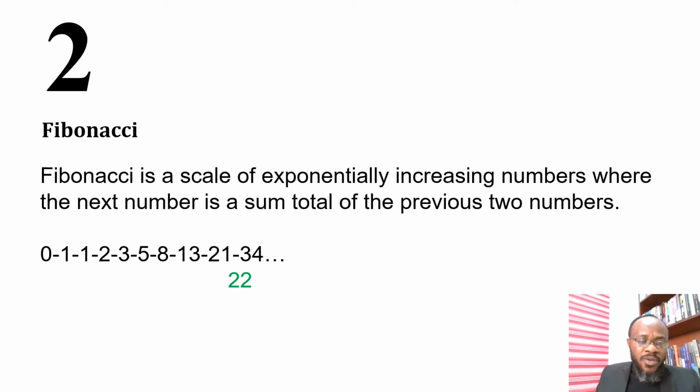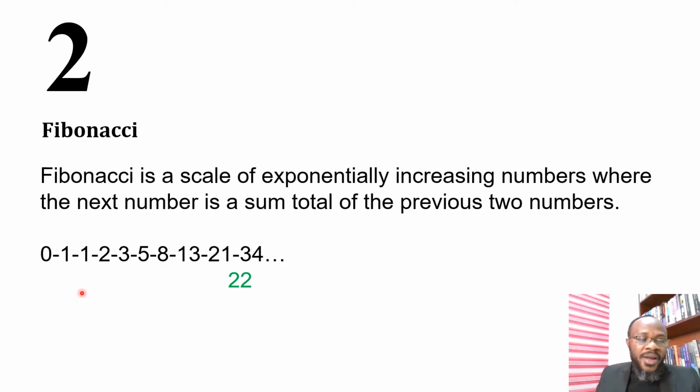So this is the Fibonacci sequence, okay? We have 0, 1, 1, 2, 3, 5, 8, 13, 21, 34, with each number being a sum total of the previous two numbers. But the question is, why do we do this? What is the reason behind this Fibonacci sequence? Now look at something.